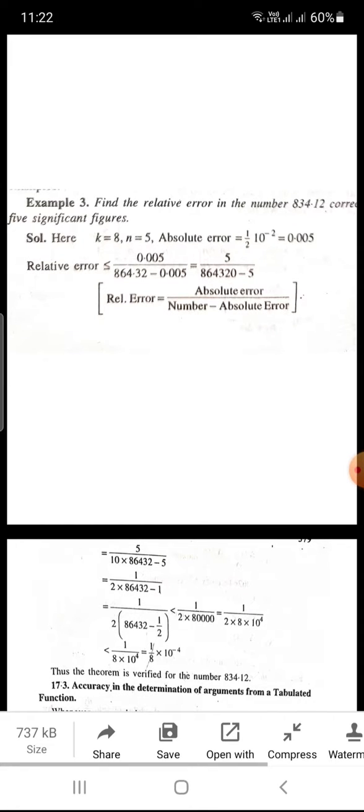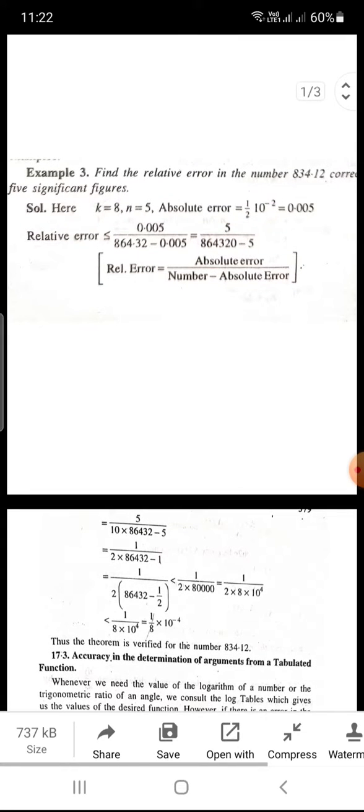So here we have been given k is equal to 8, n is equal to 5. So absolute error will be half into 10 raised to power minus 2, which is equal to 0.005.